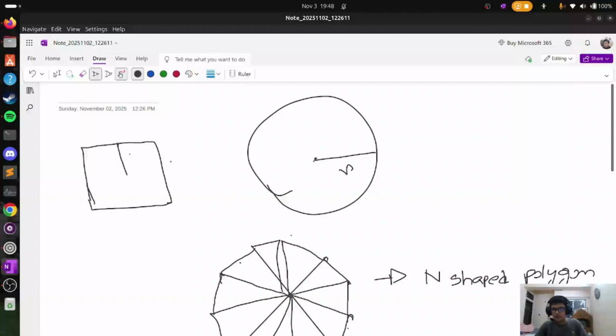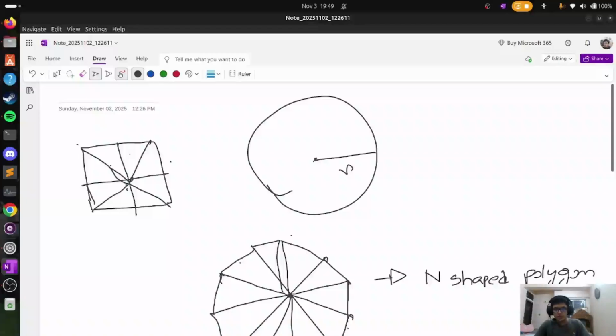Now I'm going to find the midpoint of the square. This is the midpoint, and I'm drawing some triangles. This one is a triangle, just assume that. So I drew some triangles here.